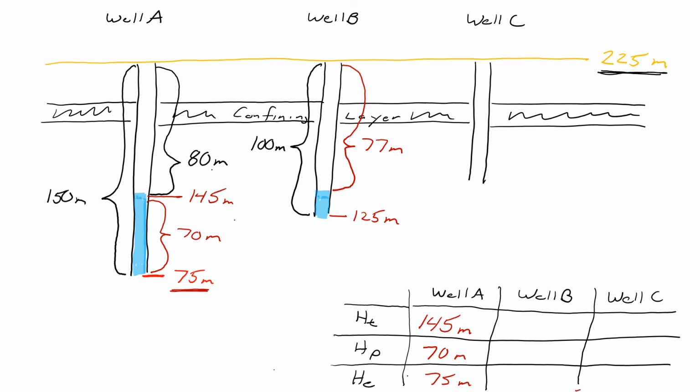What is that elevation at the top of the water column? 225 minus 77. I think if I do the math right, I get what Joseph gets, and it's 148 meters.